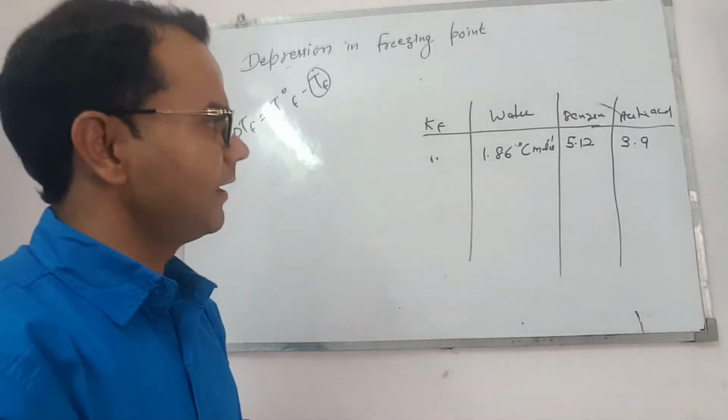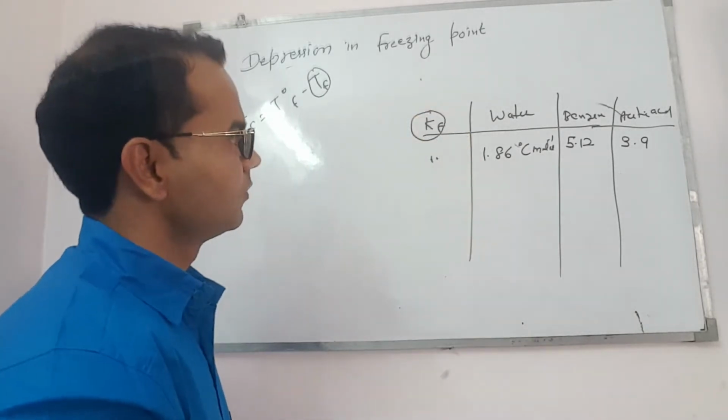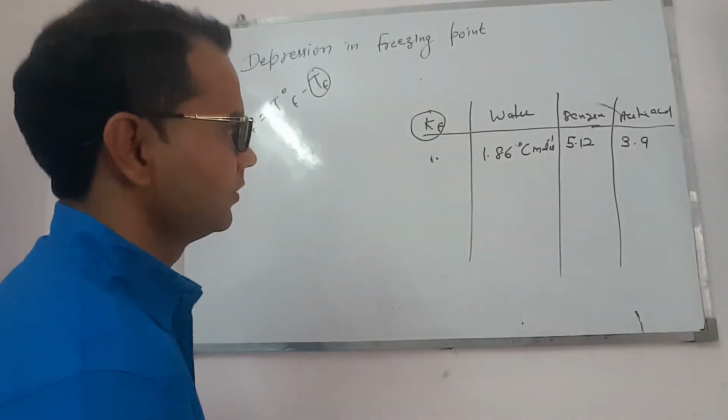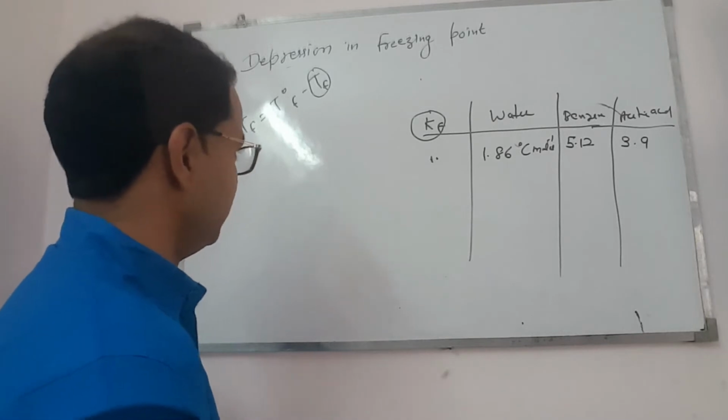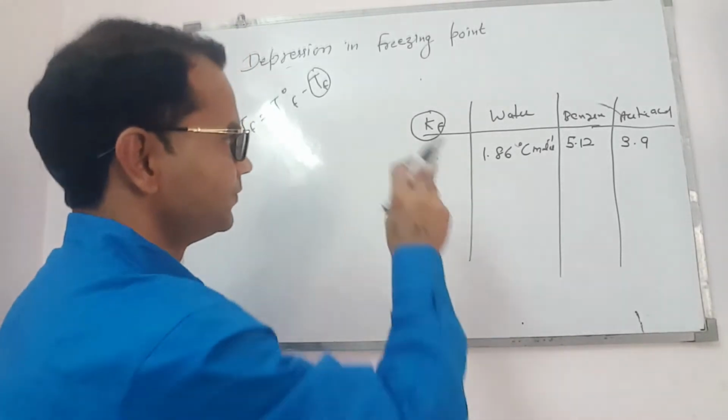Next, if you are studying at higher level, then there is a difference in the values of Kf and Kb for water. It's an important question. Now I am going to discuss it with you.